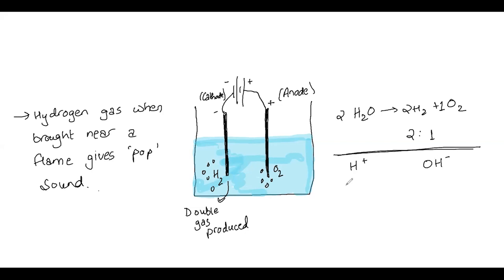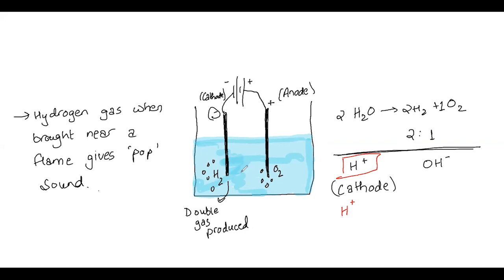Now what happens at the cathode? As you can see, the cathode is negatively charged, so it attracts the hydrogen ions. Negative will always attract positive, so the hydrogen ions move towards the cathode. You see that this is a complete circuit.